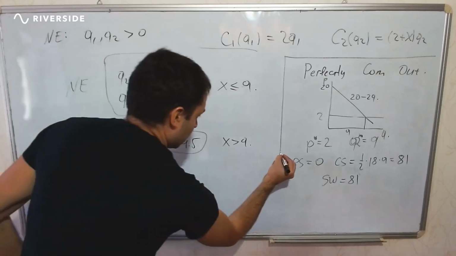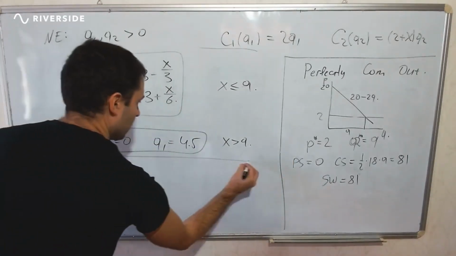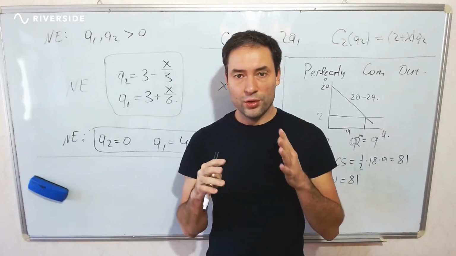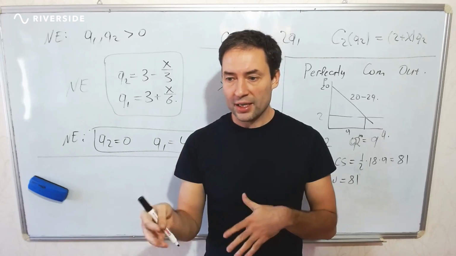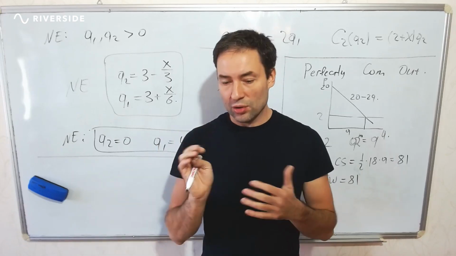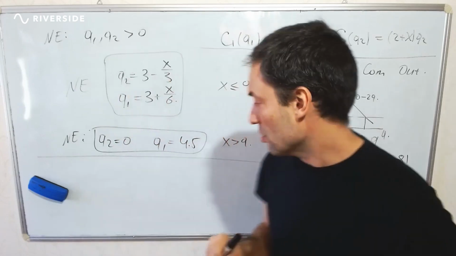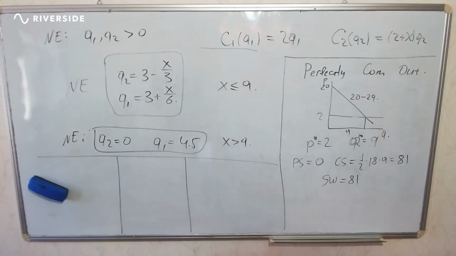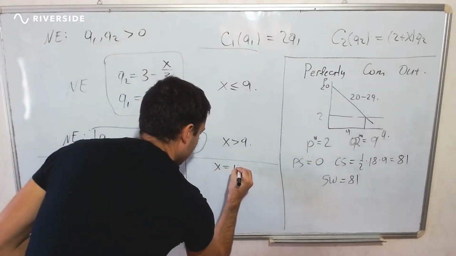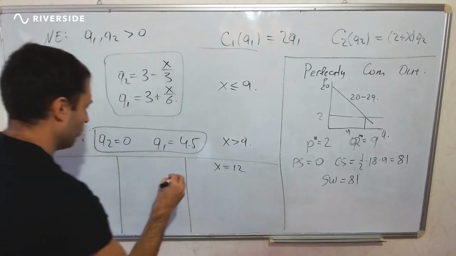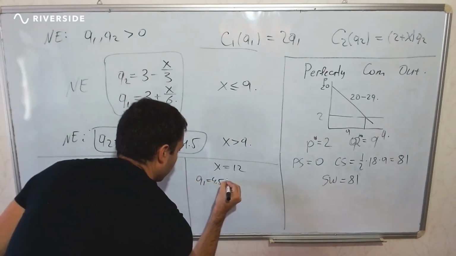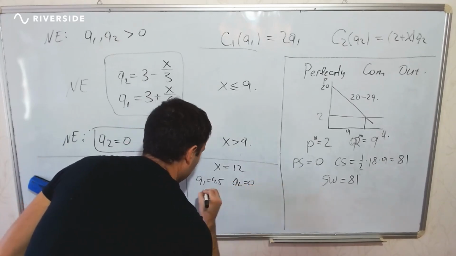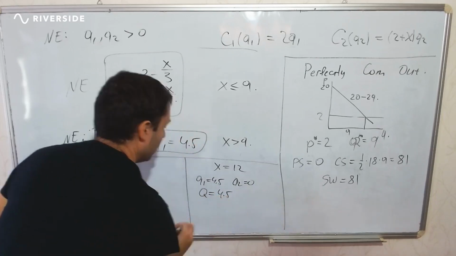In this problem, we are asked to solve the Cournot model for different values of parameter x: x equals 0, x equals 6, and x equals 12. So let's quickly do it. When x is 12, this is the easiest one, because we already know: Q1 will be 4.5, Q2 is 0, total quantity produced will be 4.5.